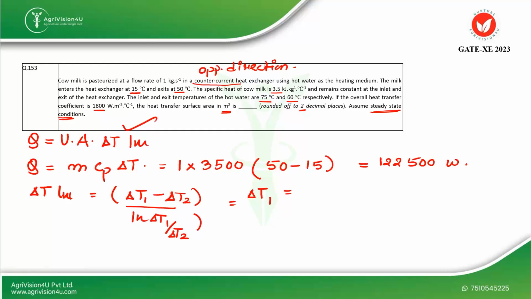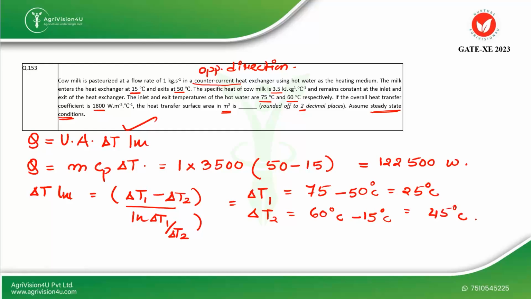It is 75 minus 50, that is 25 degrees Celsius, and delta T2 will be 60 degrees Celsius minus 15 degrees Celsius, that is 45 degrees Celsius.